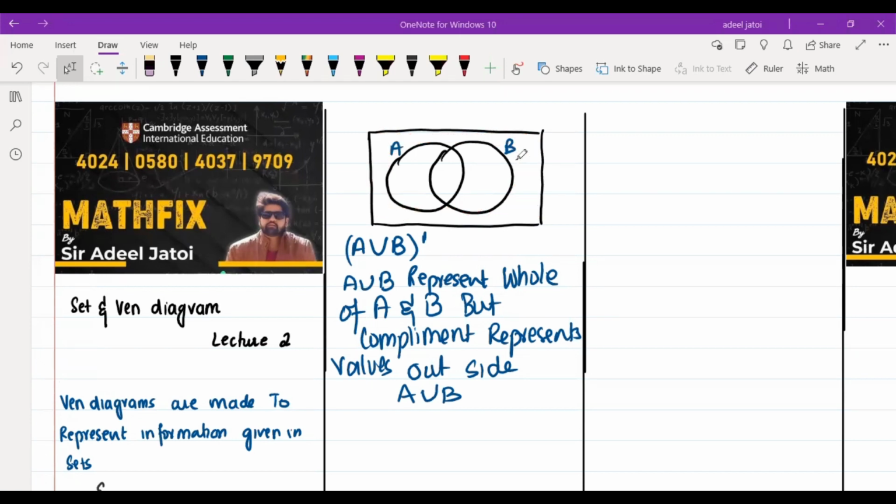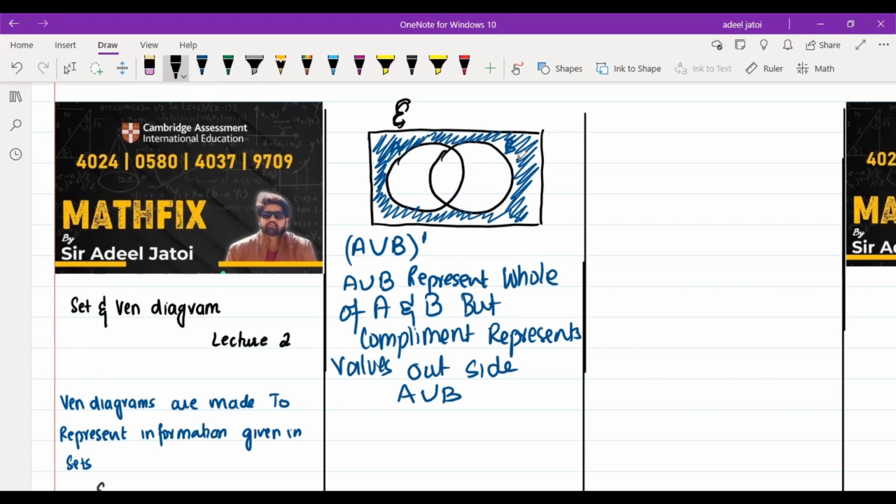So if you shade it with the proper pen, only this part will be shaded. So this will represent A union B complement, because the rectangle shows the universal set.